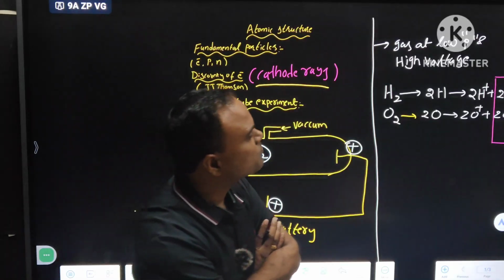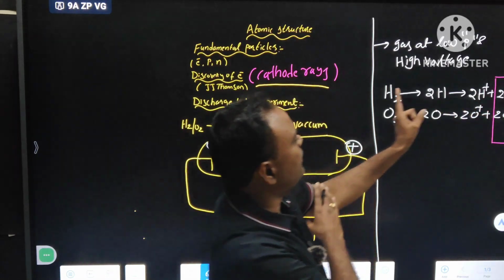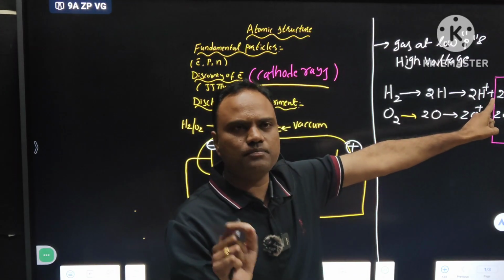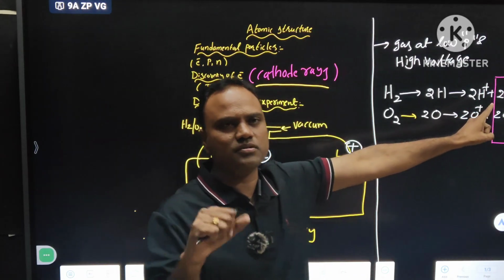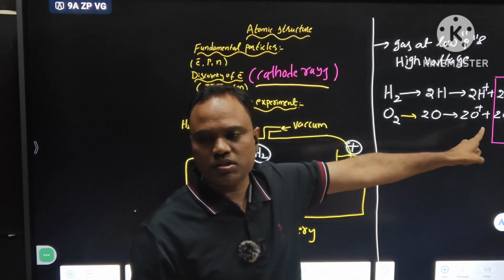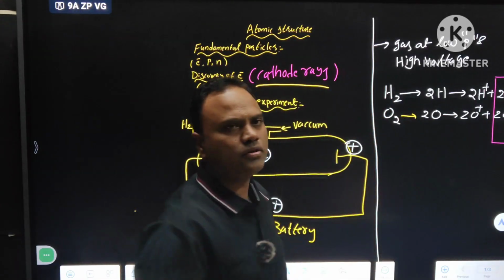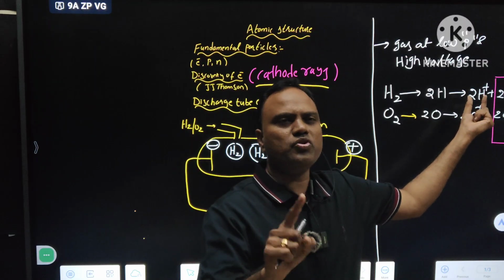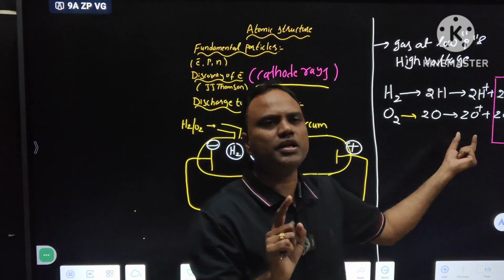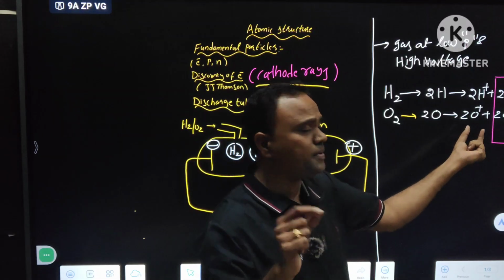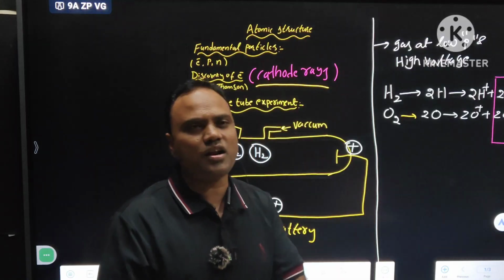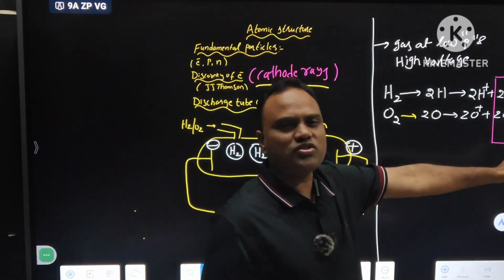When we take hydrogen, what is the mass of this positively charged particle? Hydrogen mass is 1. Oxygen mass is 16. When you take hydrogen, the generated positive particle mass is 1. When you take O2, the generated positively charged particle mass is 16. See, there is a difference. In case of electrons, there is no difference.